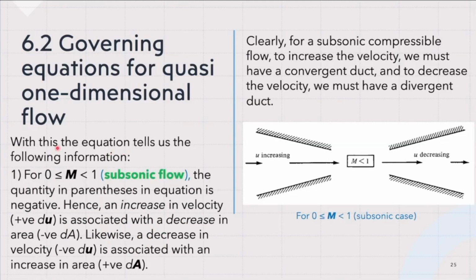So this equation tells us the following information. For a range of Mach number from 0 to 1, which we consider as subsonic flow, the quantity in the parenthesis in the equation is negative.